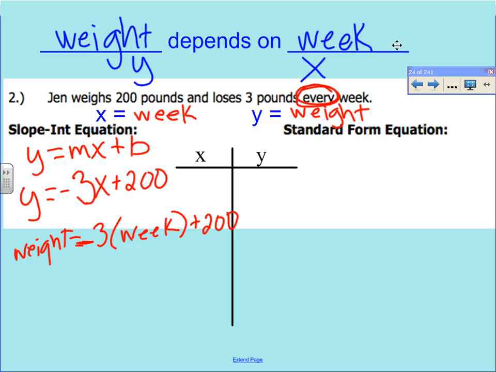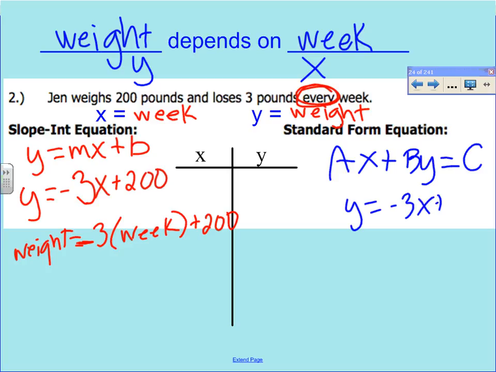Okay, let's go to standard form. Standard form is ax plus by equals c. Underneath standard form, I want you to write down the slope-intercept form equation, which is y equals negative 3x plus 200. How do we get that into standard form, John?